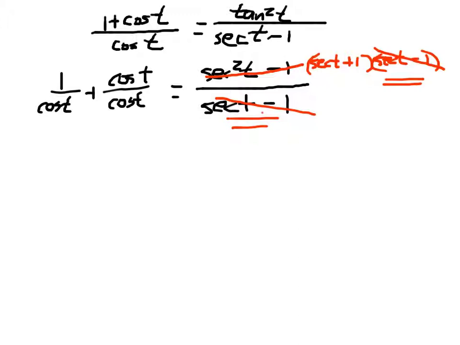And so what I'm left with on the left-hand side, might as well keep this in red, is secant of t plus 1. And if I go back on the left-hand side, 1 over the cosine t can be rewritten as one of my reciprocal identities, secant t, plus cosine over cosine is 1.